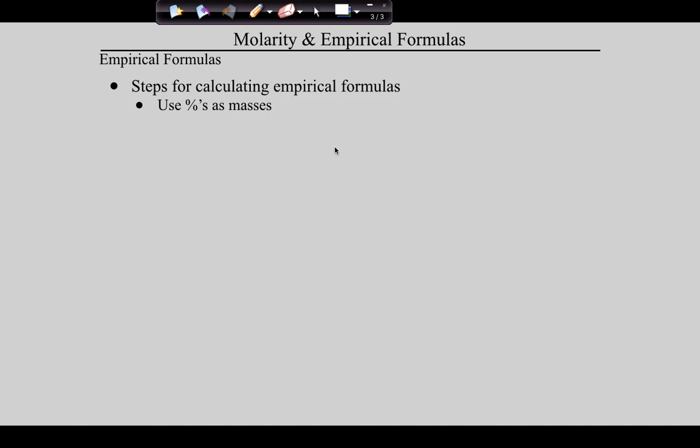Use the percentages as masses. Step number 2 is to convert your masses to moles. You can do that. Step number 3 is divide by the smallest number of moles. Again, that means nothing to you, but it will. And then guys, step 4 is write the empirical formula.